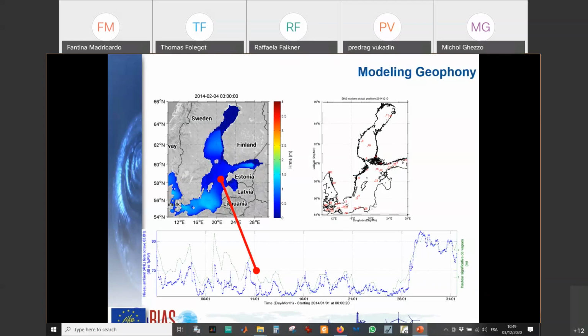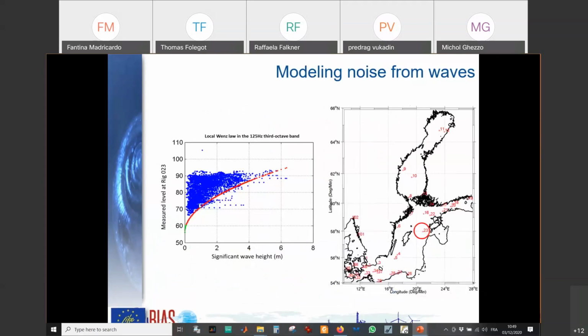And if we plot one as a function of the other, it gives a plot like this. And the bottom here of the scatter plot gives us the relationship between the wave height and the level, the natural component of the noise.